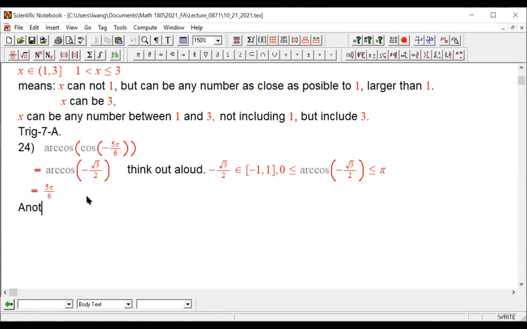Another way to do this, just to show you there is more than one way to roam: cosine of negative 5 pi over 6 is the same as cosine of 5 pi over 6, because cosine is an even function.